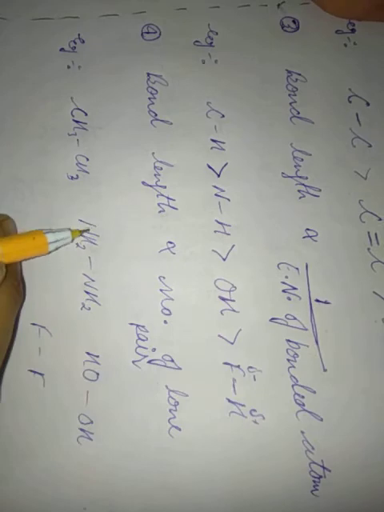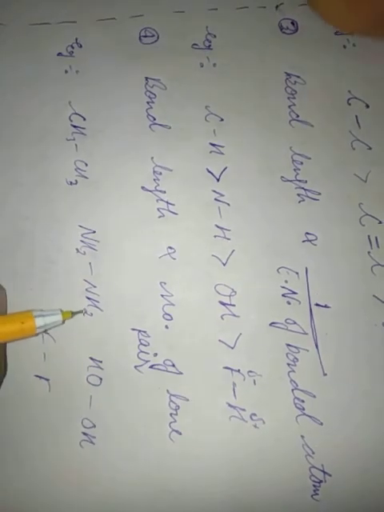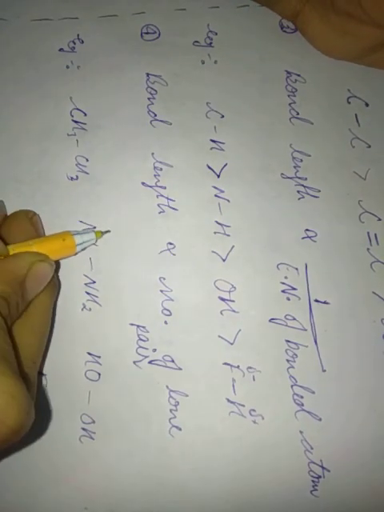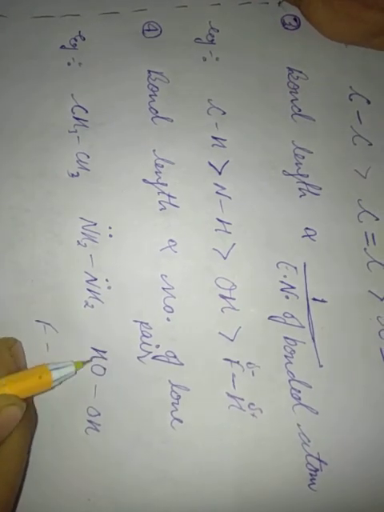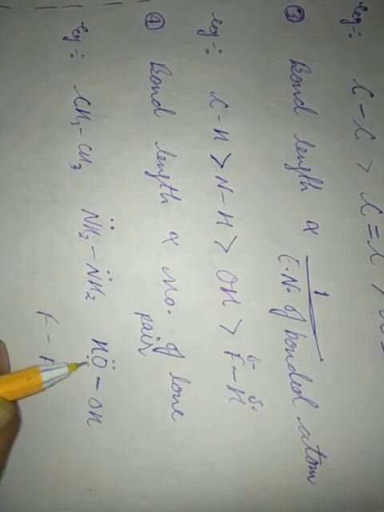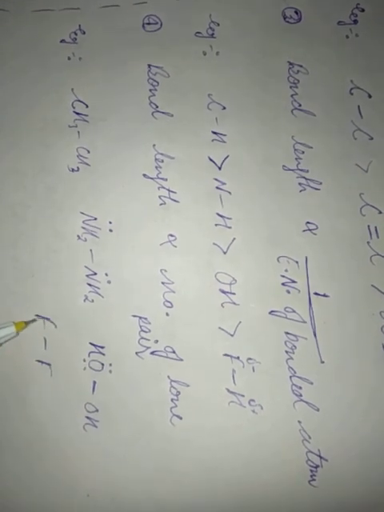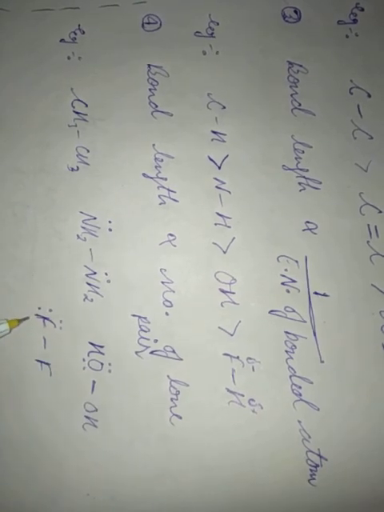In CH3 there is no lone pair. NH2 has one lone pair, OH has two lone pairs, and lastly fluorine, we know that fluorine has three lone pairs.